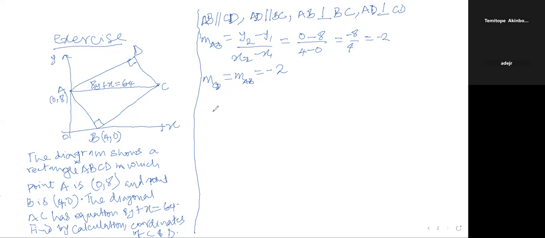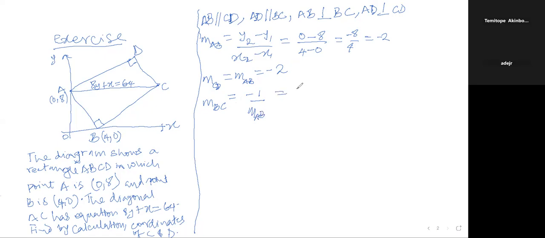Now, I can also determine the gradient of BC, because BC is perpendicular to AB. So that will be minus 1 over mAB.